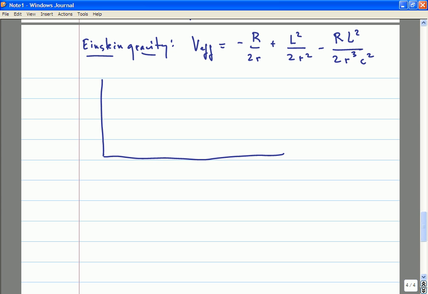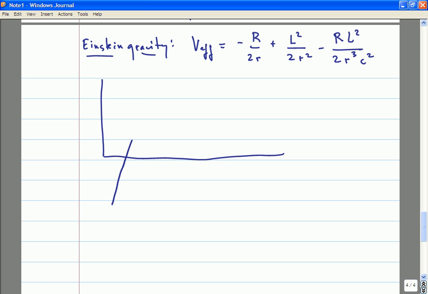So the first thing that you notice is that instead of diverging to plus infinity as r goes to 0, this effective potential now goes to minus infinity as r goes to 0. Because as r goes to 0, that minus 1 over r cubed term dominates. And so what this potential will look like is it'll go like minus 1 over r cubed for a while.